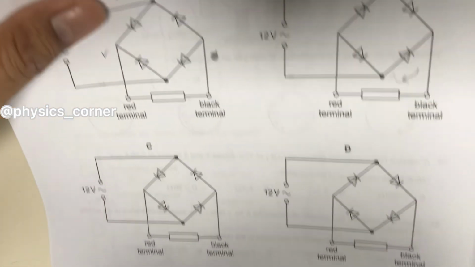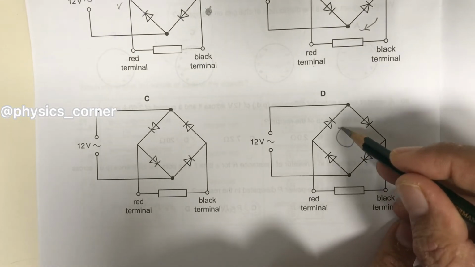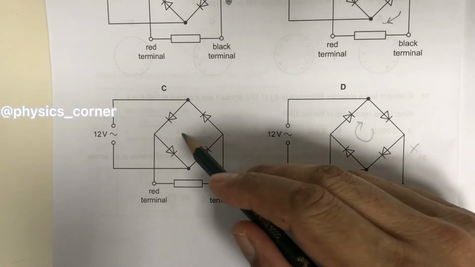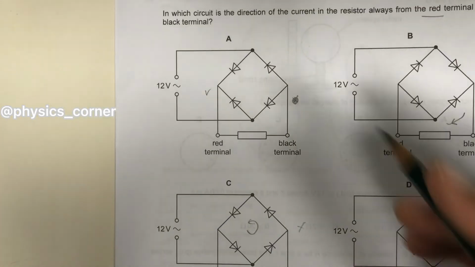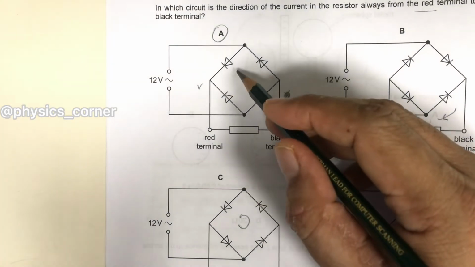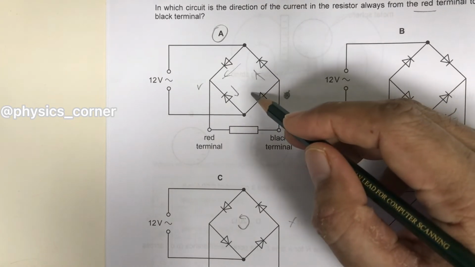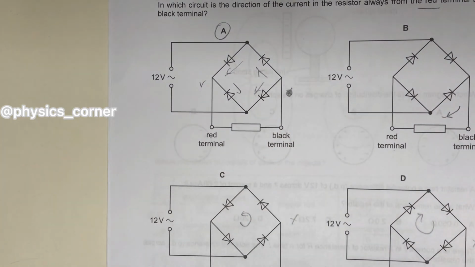And this one, oh, this is circle, it's not correct. This circle also not correct. So the correct one is A. Yeah, this is there, go there, and then yeah, okay.